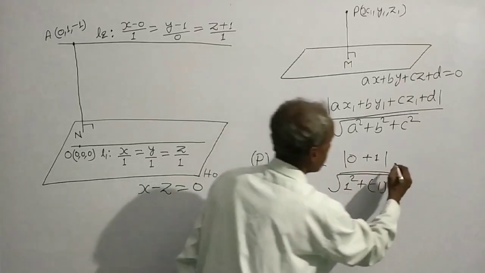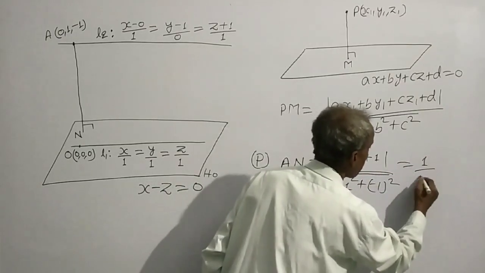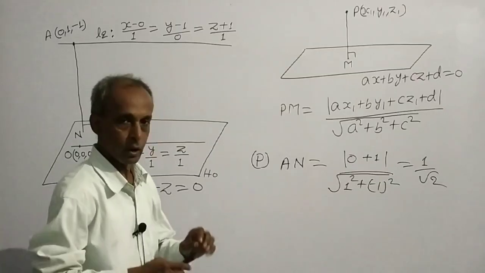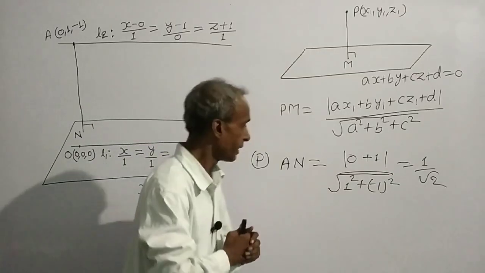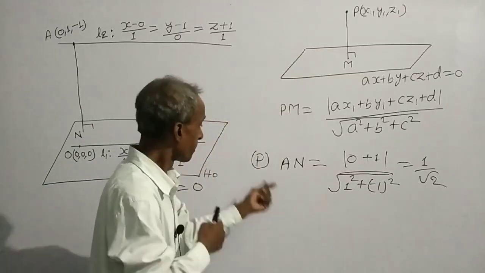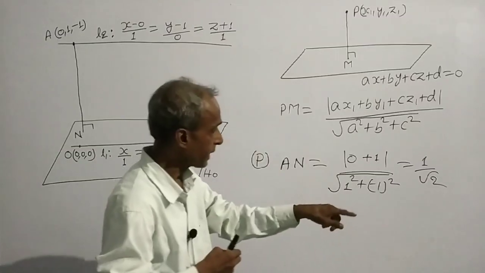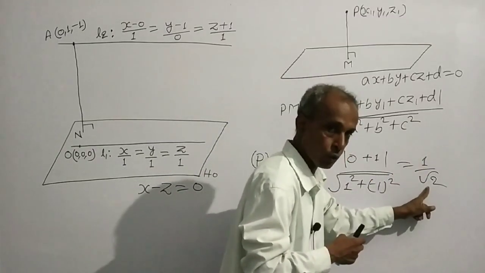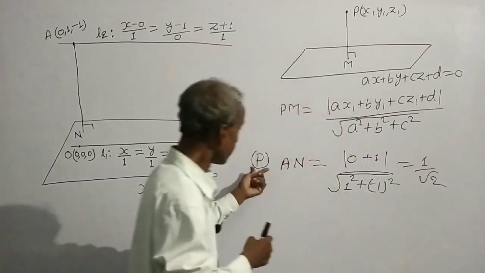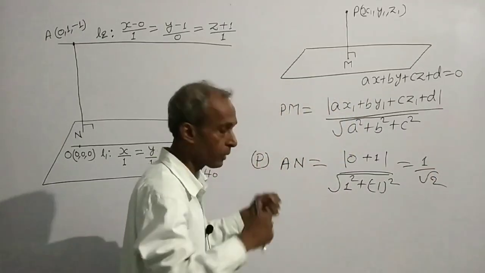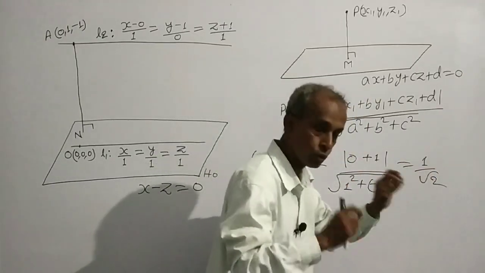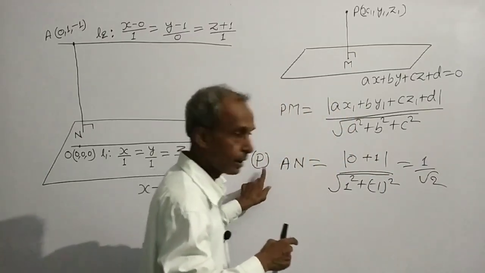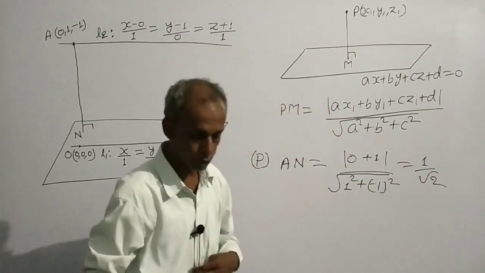This will be equal to 1 by root 2. Therefore, we will match entry P with 1 by root 2 in list 2. This P is given in list 1 and this 1 by root 2 is given in list 2. We will match P with 1 by root 2.